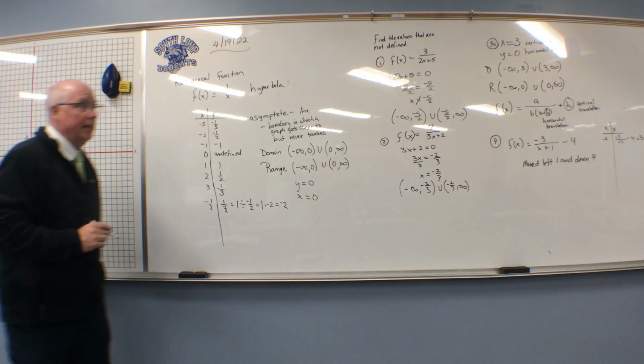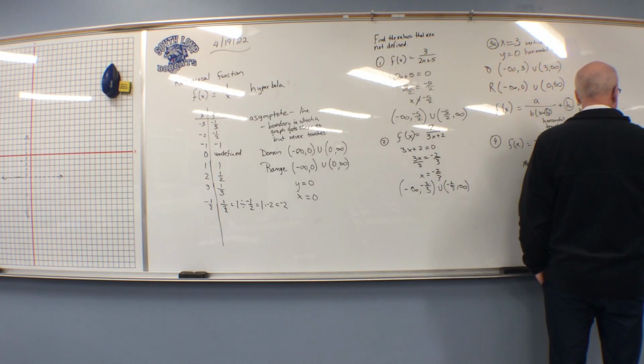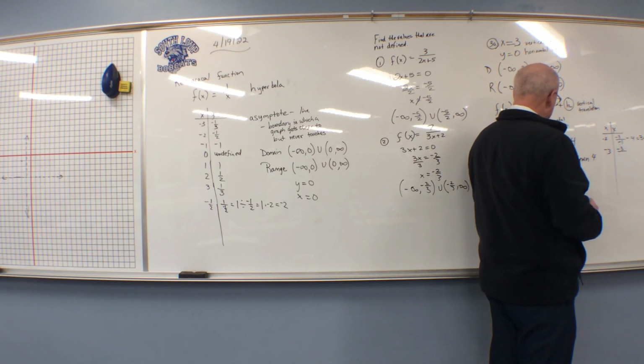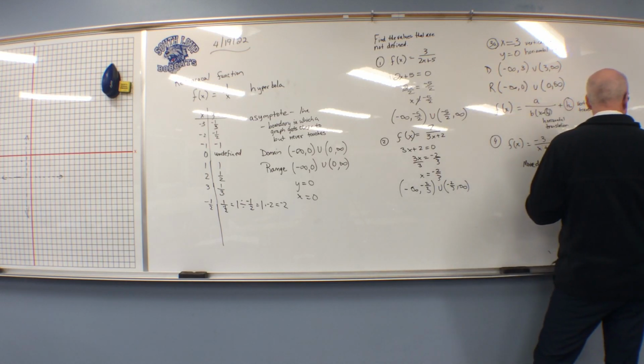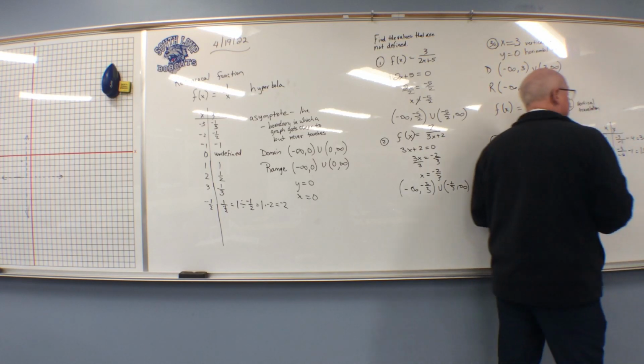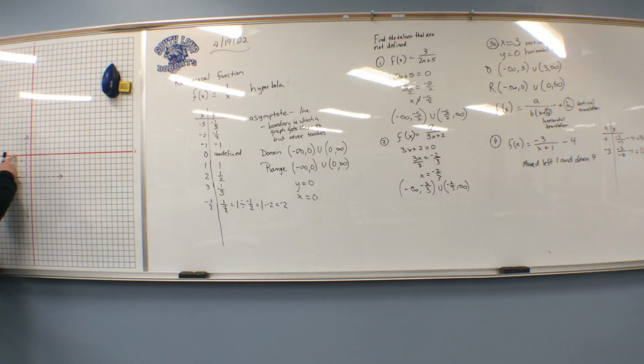Okay, so let's put in a -3, Joe. Put in a -3, I get a -3. I take -3 plus 1 is -2, minus 4. So this is 1.5 plus -1, which is 1/2, isn't it? Okay, so at -3, Joey, which is right here, I get this.